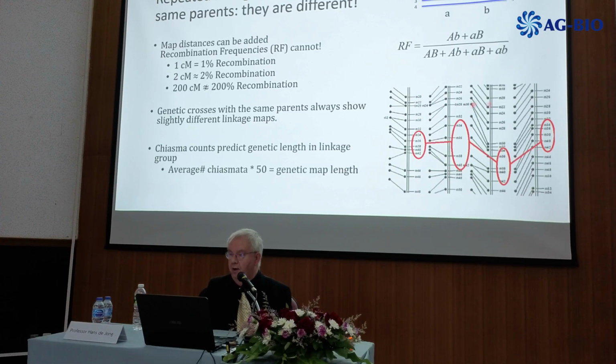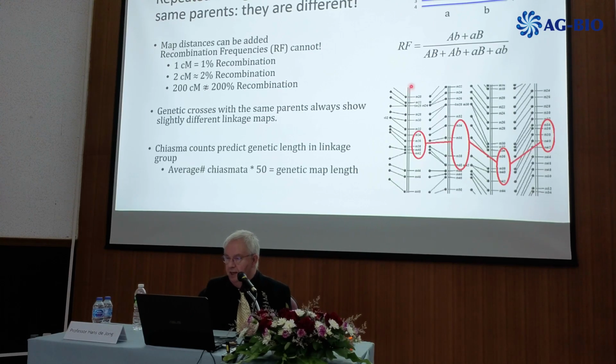Now, my former colleague, Piet Stam, was a very brilliant quantitative geneticist. He did an outstanding experiment. He used a hypothetical physical map with a large number of markers, and he simulated a genetical map just by crossovers that took place somewhere on these chromosomes.